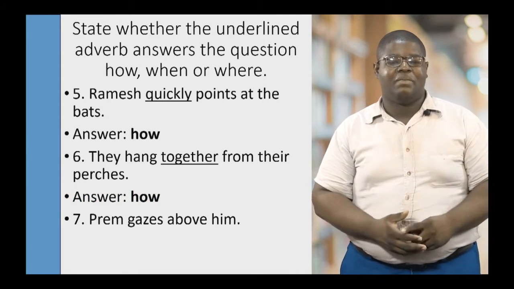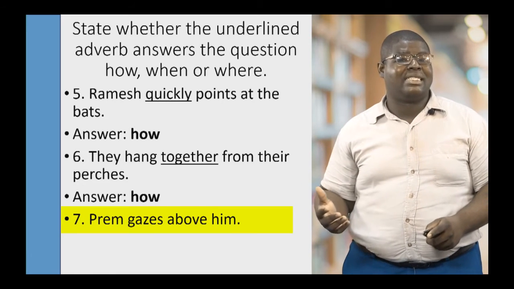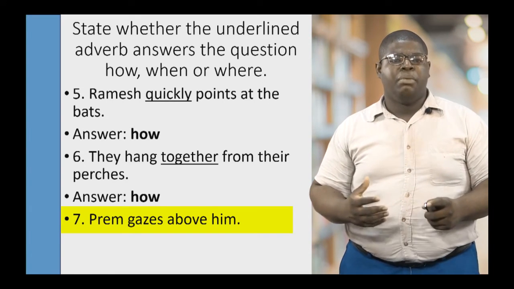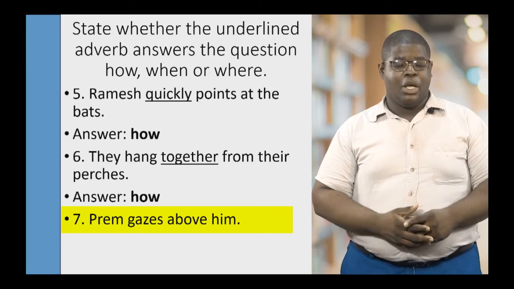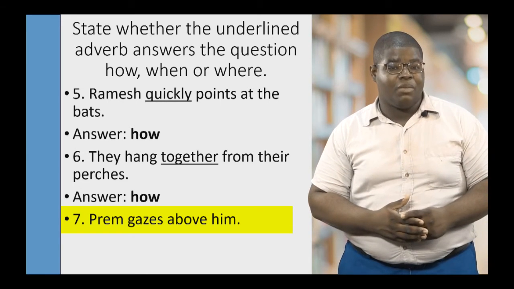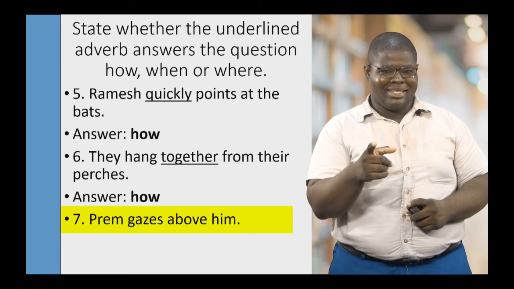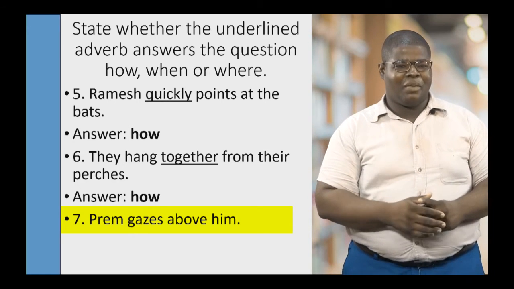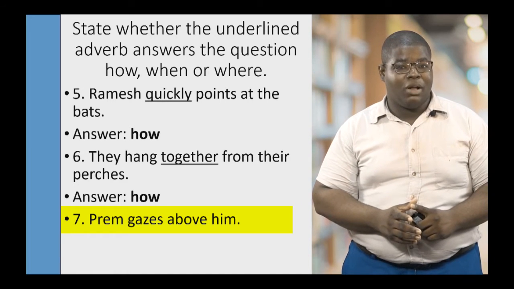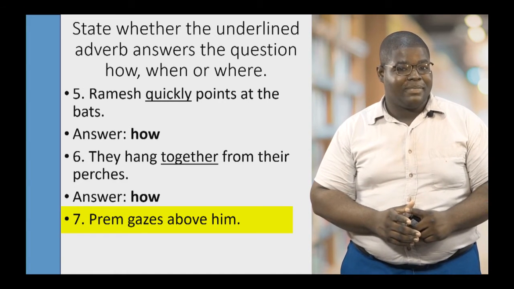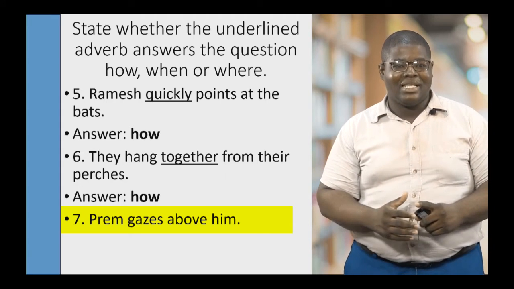And finally, Prem gazes above him. Now we have the adverb. Now, what is the adverb? You notice I didn't underline it here. What is the adverb here? Above. You're correct. And it's modifying which verb? Gazes. And what is it telling us?